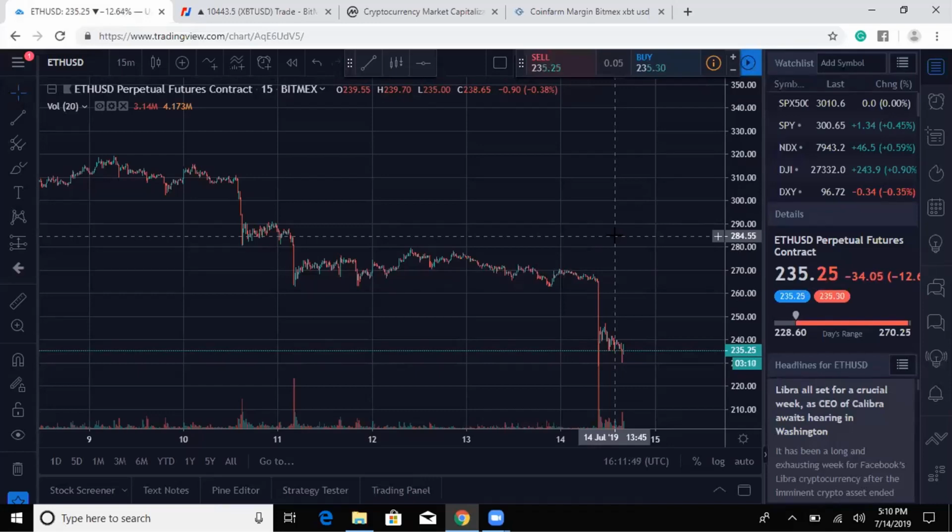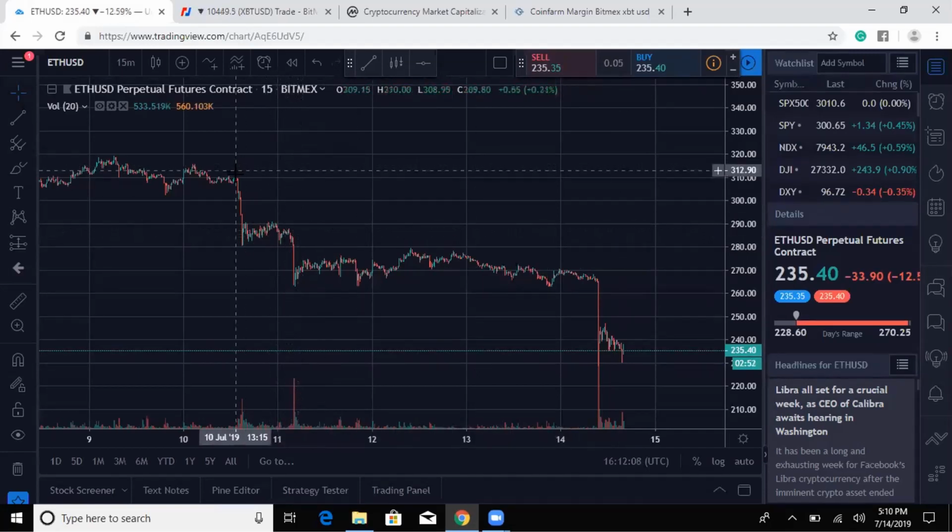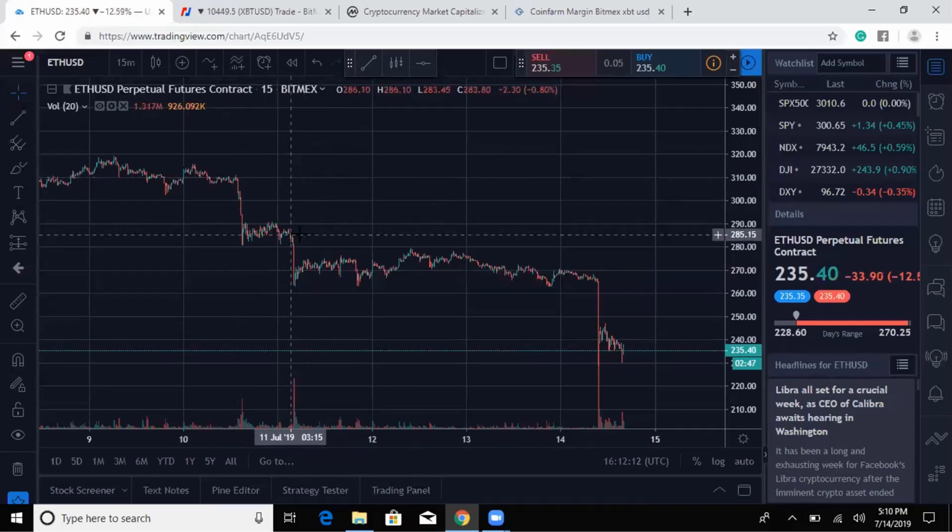That means where sellers are selling. To give an example, if you look at this area here, price reacted here, it reacted here. These are the previous areas where price reacted, and here too.